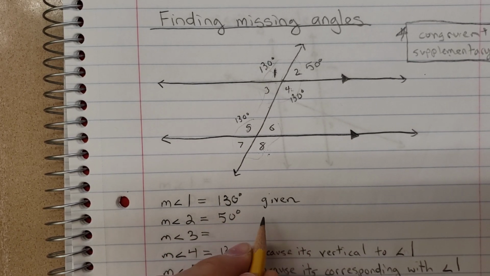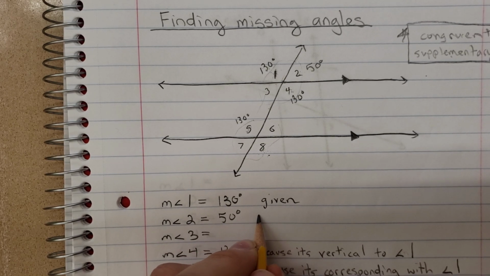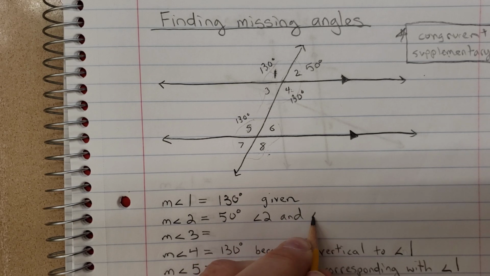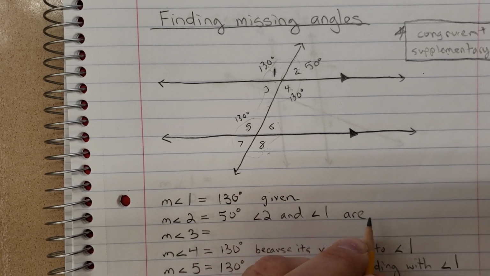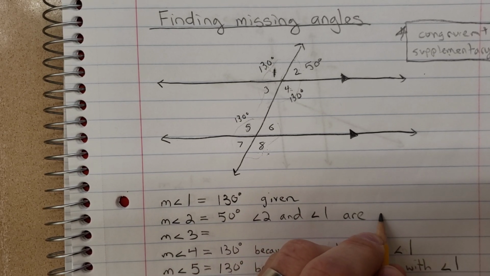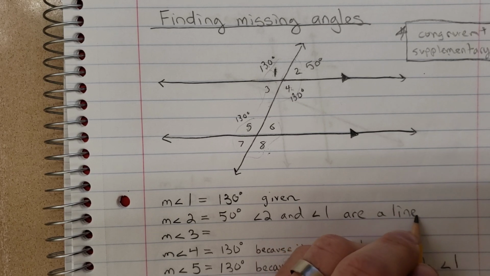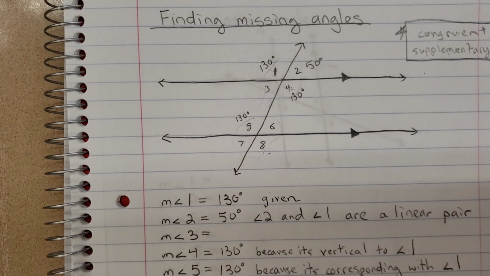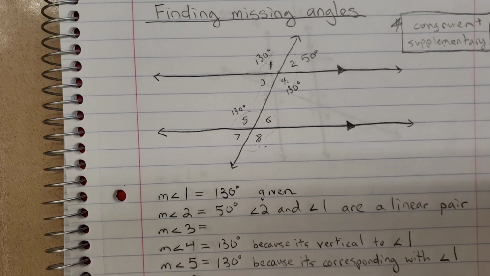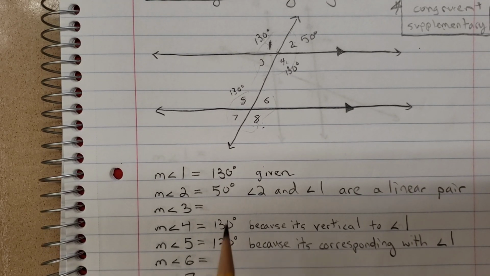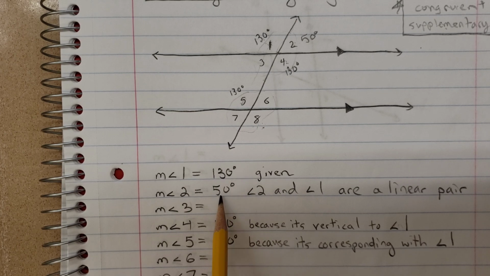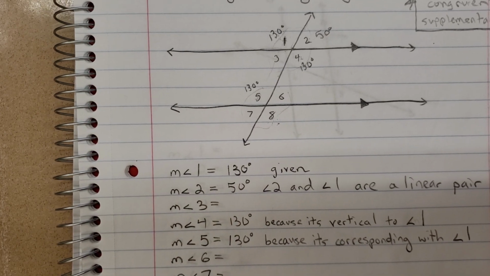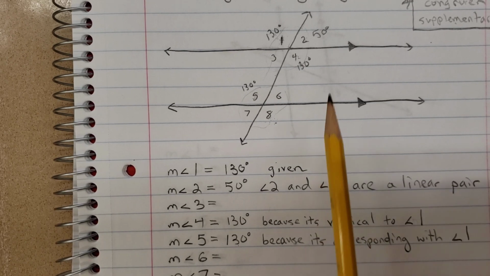And what's our reasoning? Angle 2 and angle 1 are a linear pair. All right, so they have to add up to 180. Right, they have to add up to 180, so we see that 130 plus 50 is 180. All right, now the dominoes should fall pretty easily.